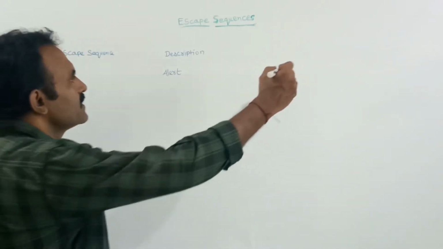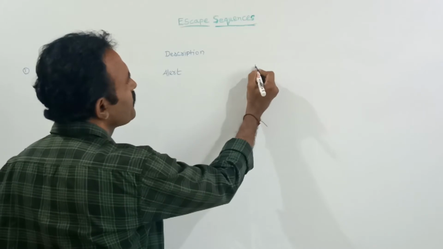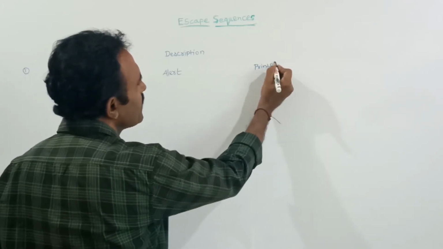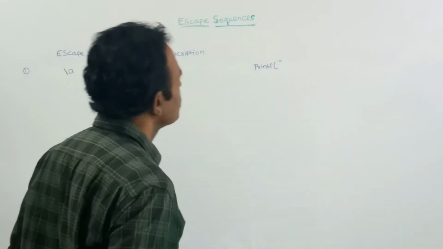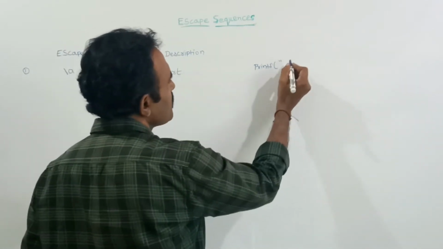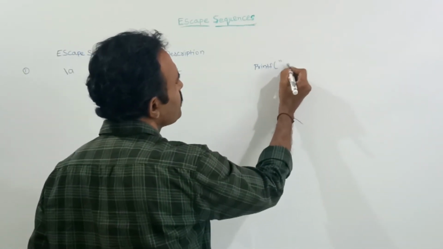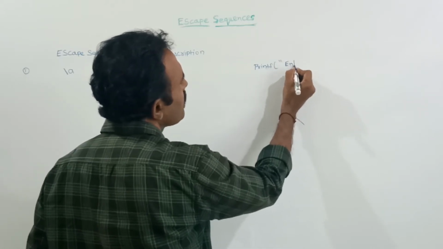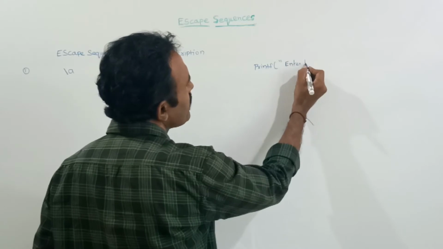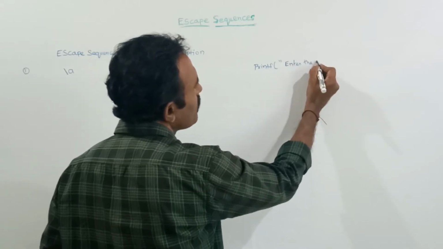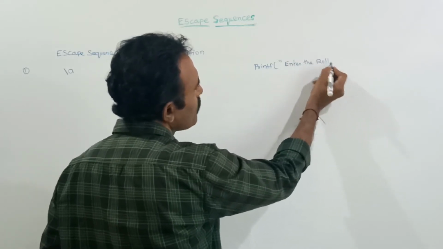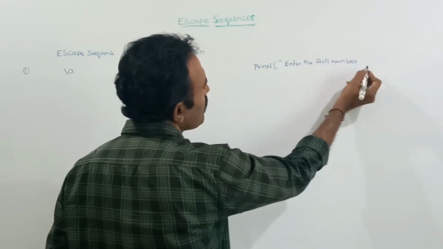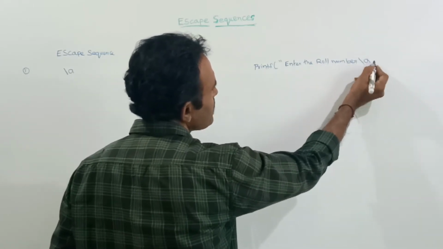Here, for example, I am using the printf function. Suppose I am giving "enter the roll number" and after that \a.